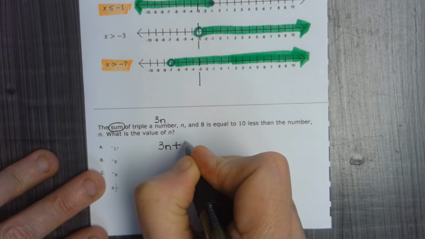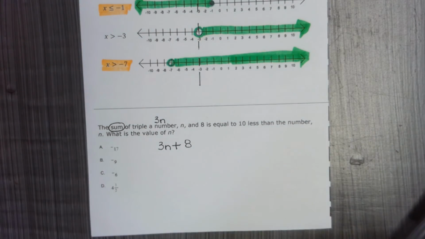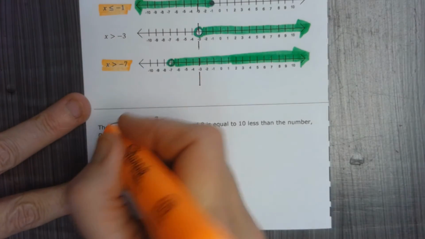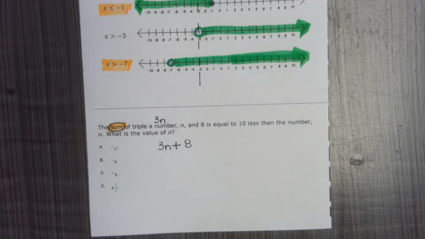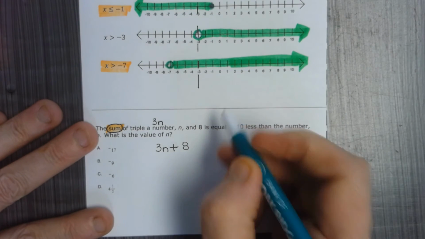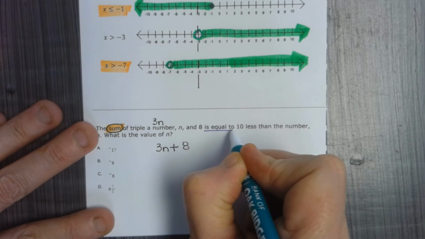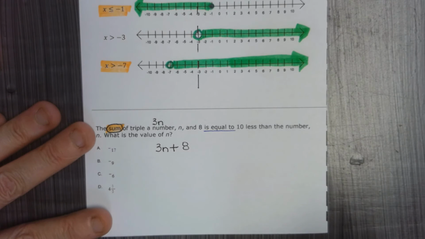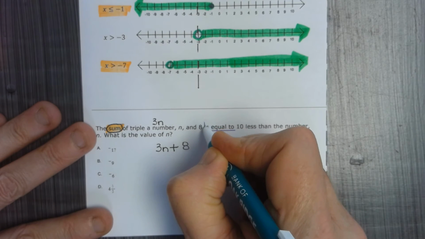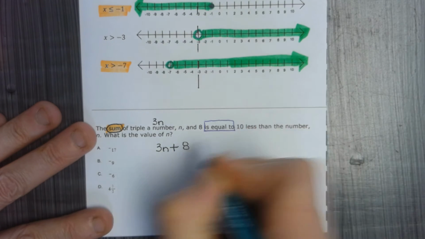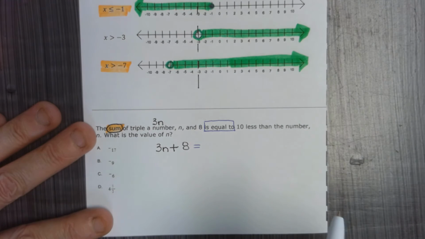Triple a number and 8 is the sum. Is equal to. So we need an equal sign.